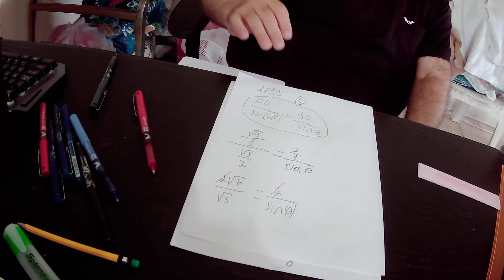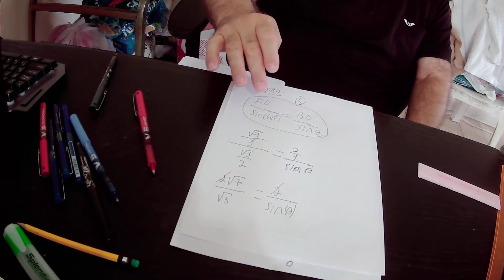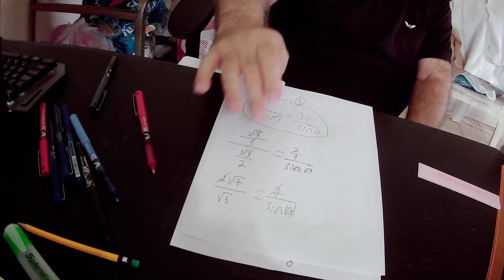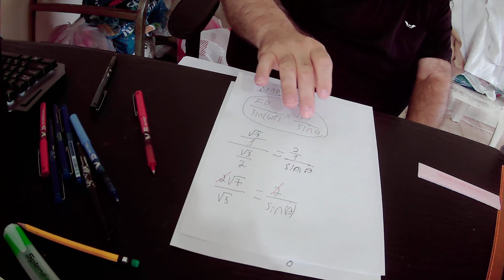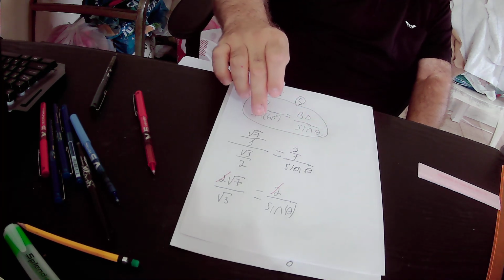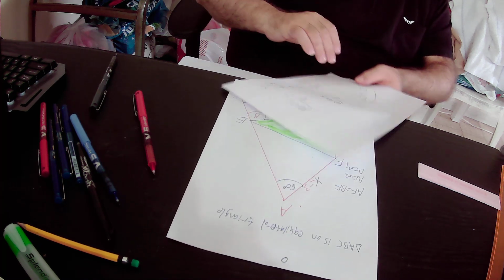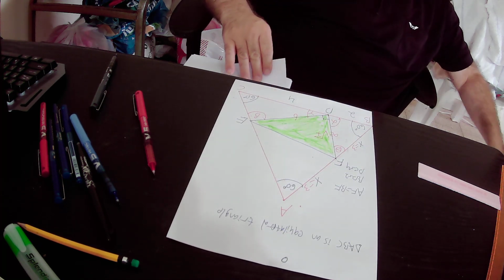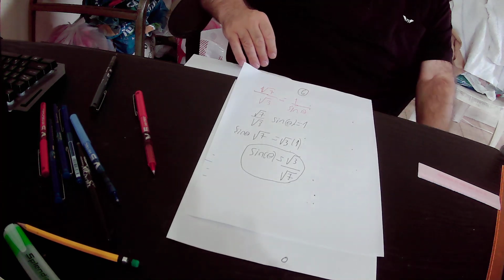We've already found that FD equals root 7 units, sine 60 degrees is root 3 over 2, and BD equals 2 units. So the only missing variable is sine theta. We solved this simple equality and found that sine theta equals root 3 over root 7.